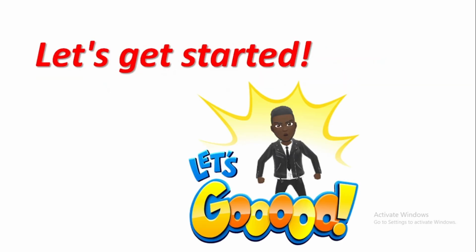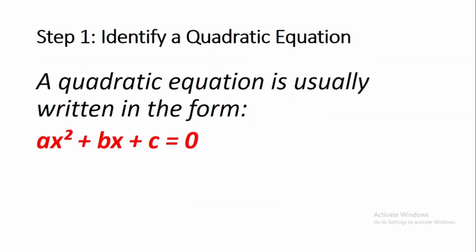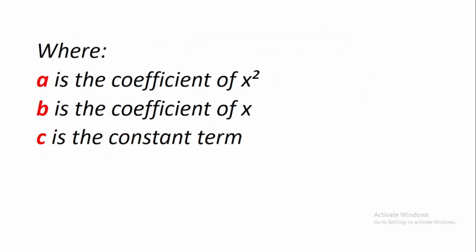Let's get started. Step 1. Identify a quadratic equation. A quadratic equation is usually written in the form ax squared plus bx plus c equal to 0, where a is the coefficient of x squared, b is the coefficient of x, and c is the constant term.